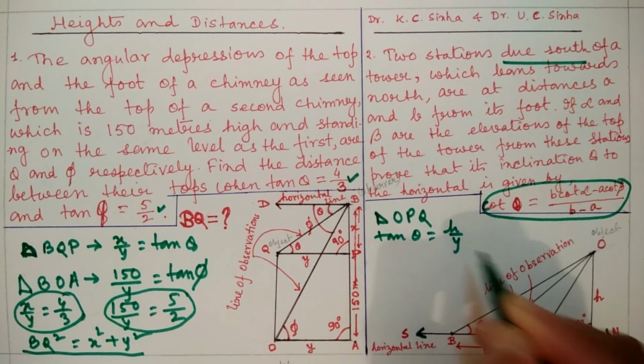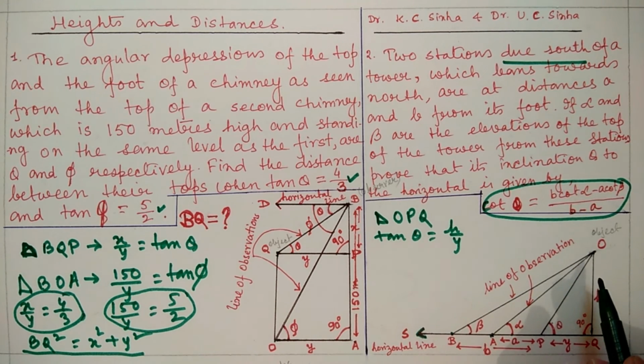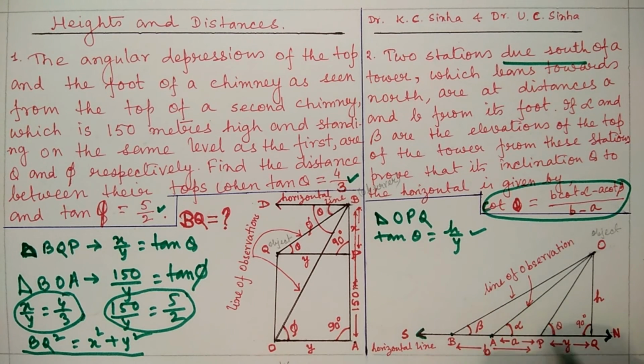Another right angle triangle we are getting is OAQ. Here OQ by AQ will be tan alpha.